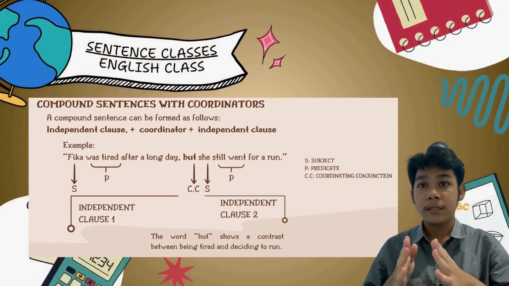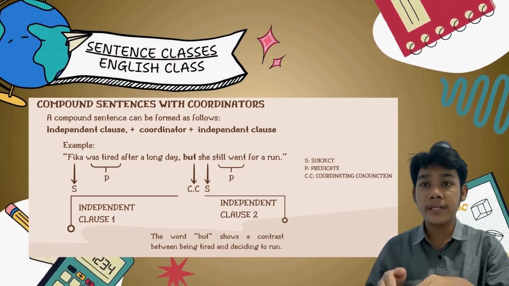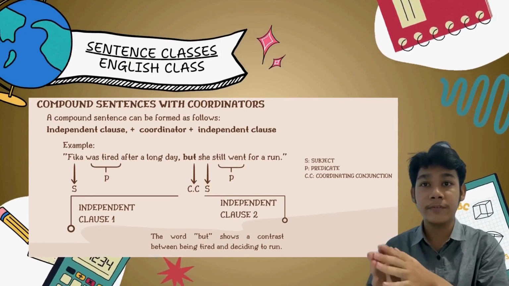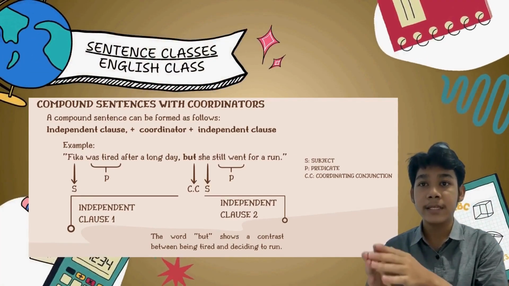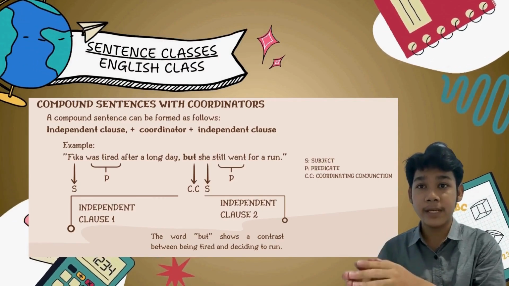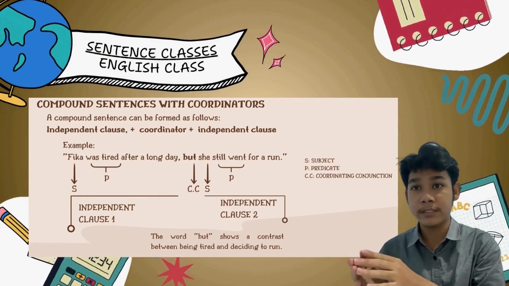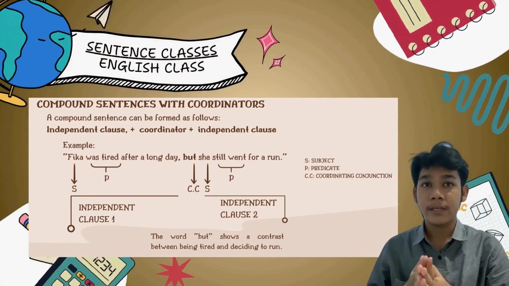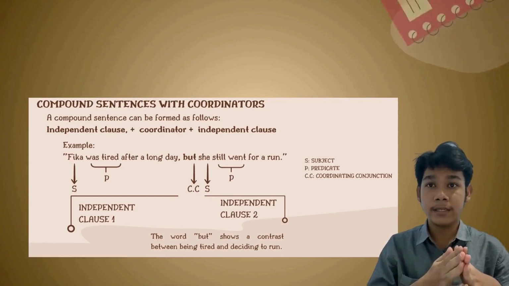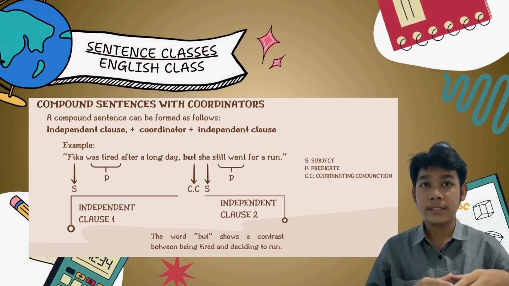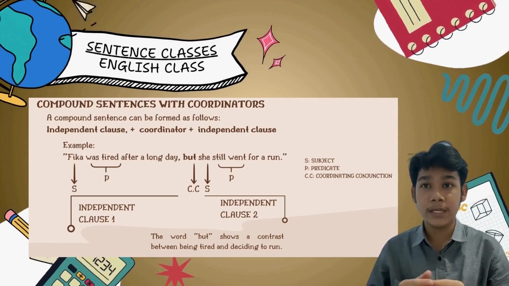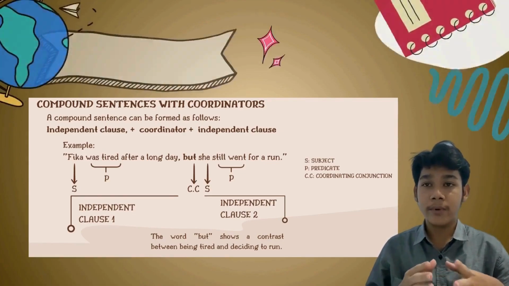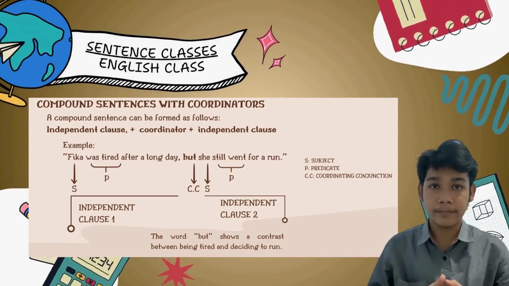Why are these independent clauses? For the first, there is a subject, Fika, and the predicate was tired. The second independent clause has she as the subject and still went as the predicate.